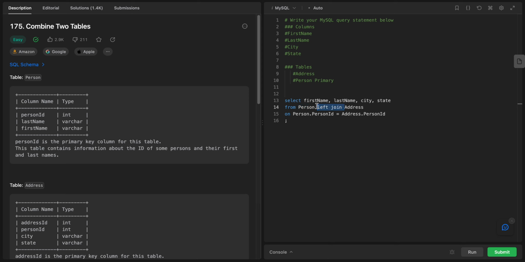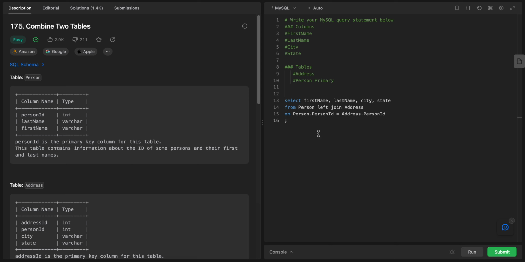The left join keyword indicates that all records from the person table should be included in the results, regardless of whether they have matching records or not. The on keyword specifies the join condition. It states that the person ID column in the person table should match the person ID column in the address table.